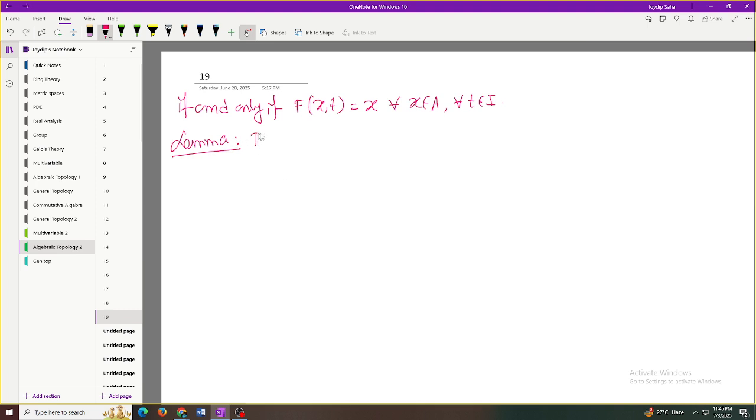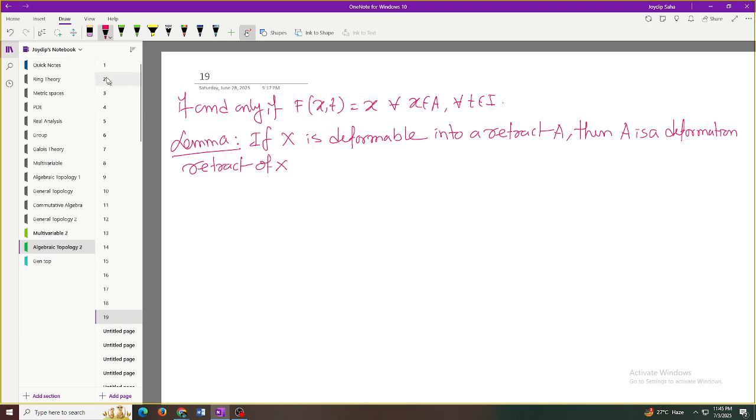Lemma: if X is deformable into a retract A, then A is a deformation retract of X. Proof: it is very easy.